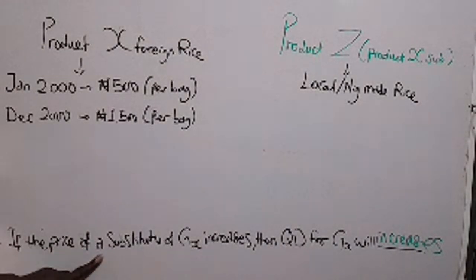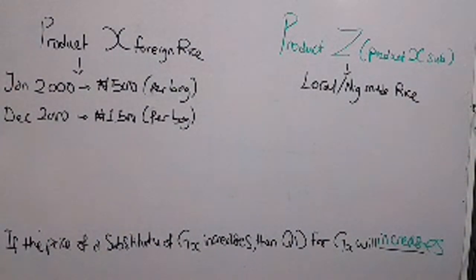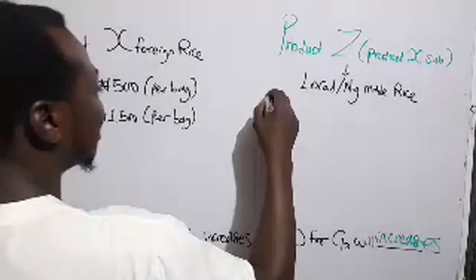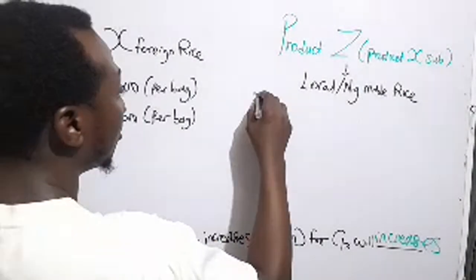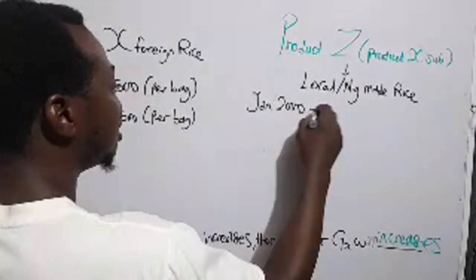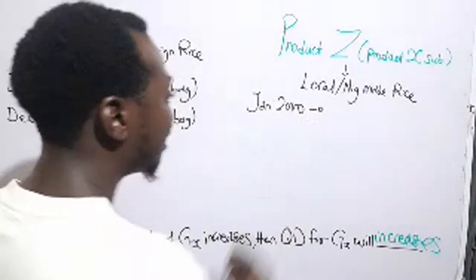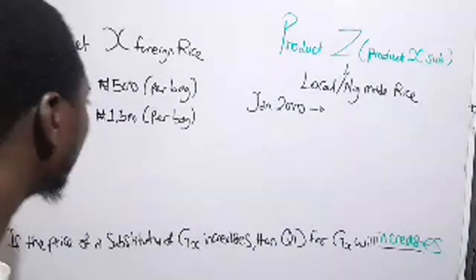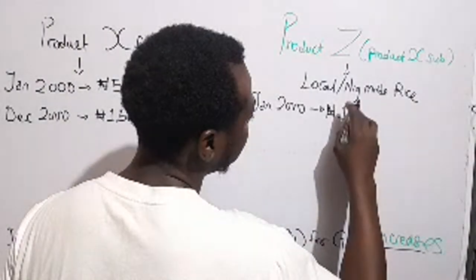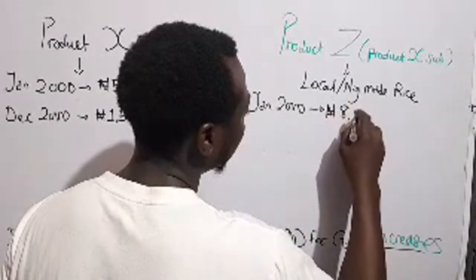Now, if the price of a substitute good... initially, because this one is expensive, and as a result, in January 2000, this locally made rice is sold for 800 naira.